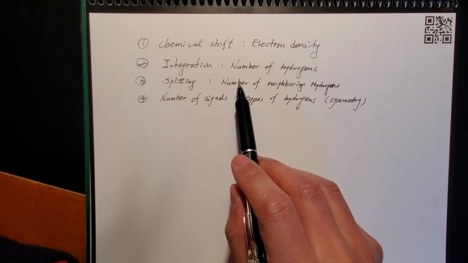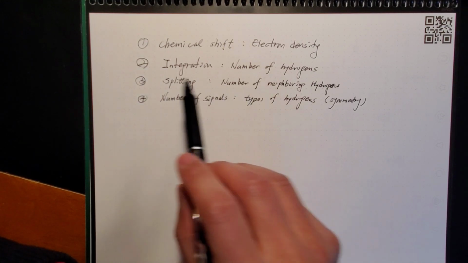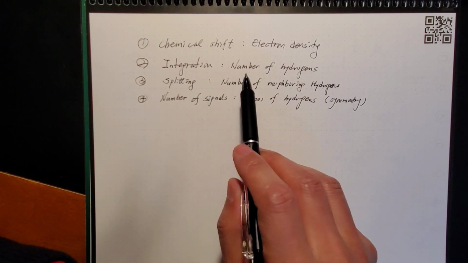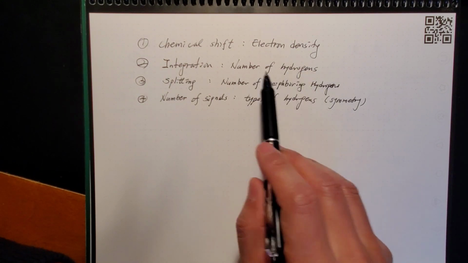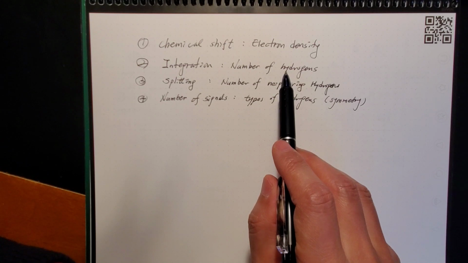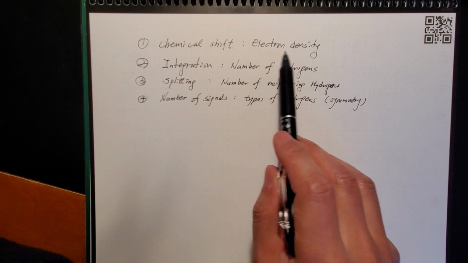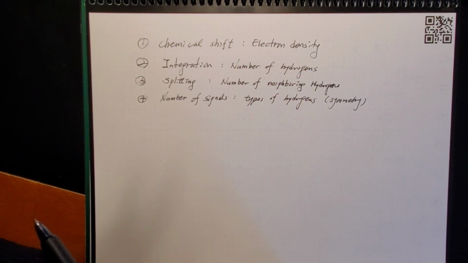Then the overall area under those split signals, you get the integration for it, to tell you about the number of hydrogens that are the same kind. Then those hydrogens' location on the x-axis will be determined by the electron density, which gives you an idea of the environment.